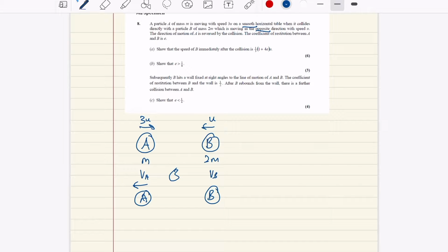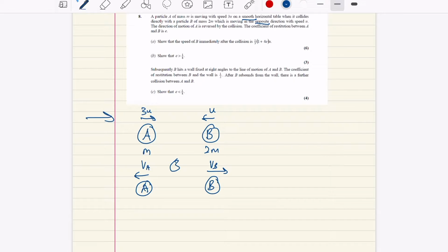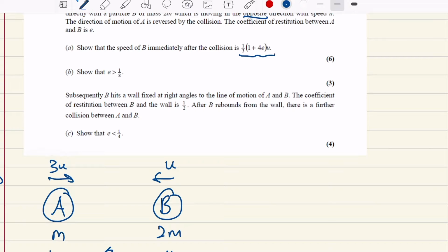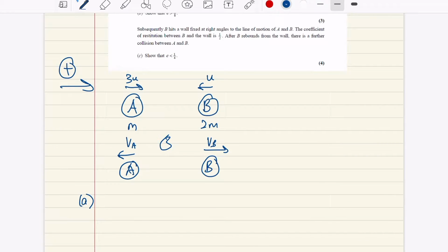Since the question didn't state the direction of VB, we can assume that it will go towards the right. Let's take everything to the right as positive. Part A: show that the speed of B immediately after the collision is 1/3 (1 + 4e) u. First we're going to use conservation of momentum.